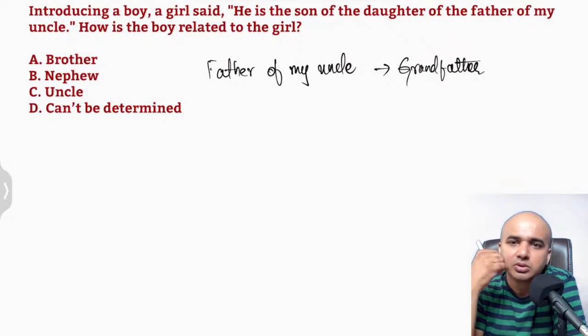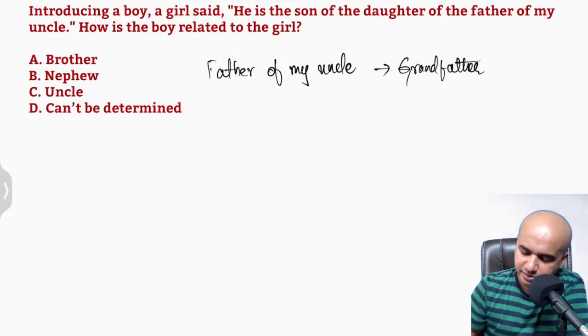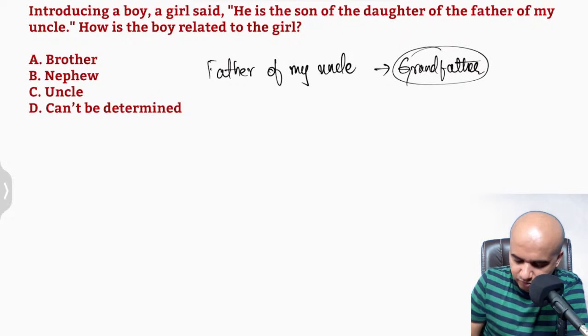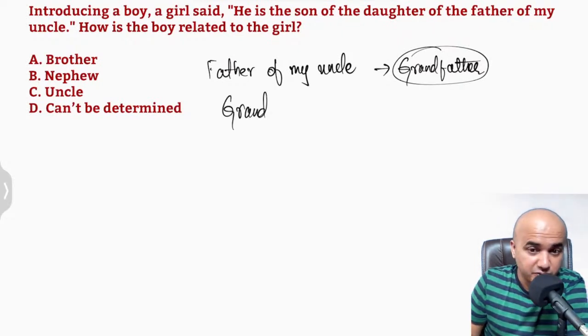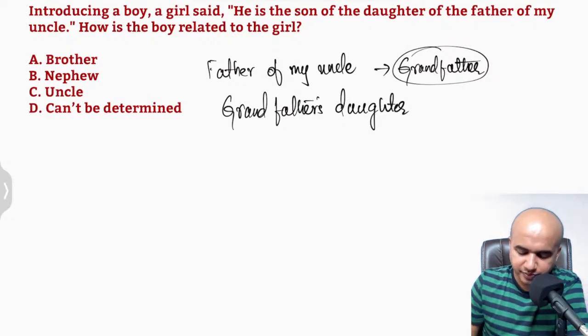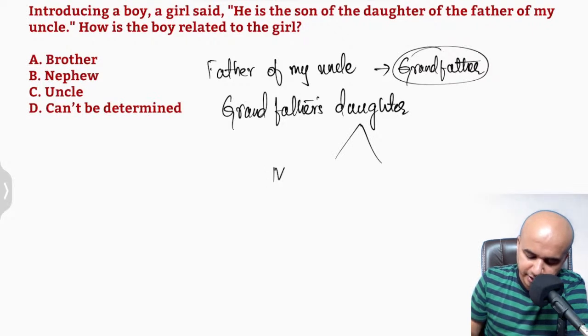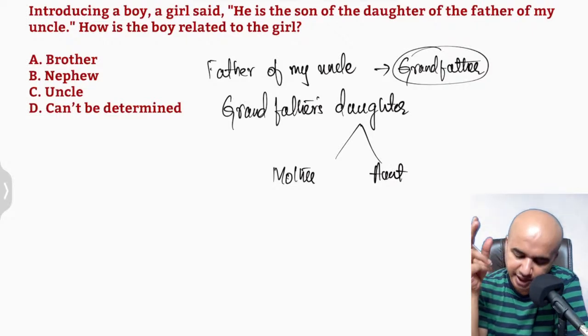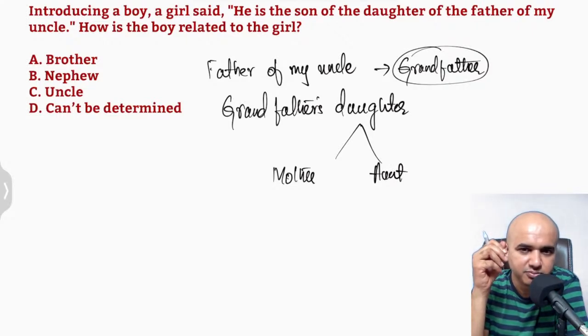So daughter of the grandfather. Again there is some confusion here. Who would be your grandfather's daughter? There are multiple options, because it could be either your mother or it could be your aunt, because that grandfather may have multiple female children, right? So in that case it could be anyone, no?